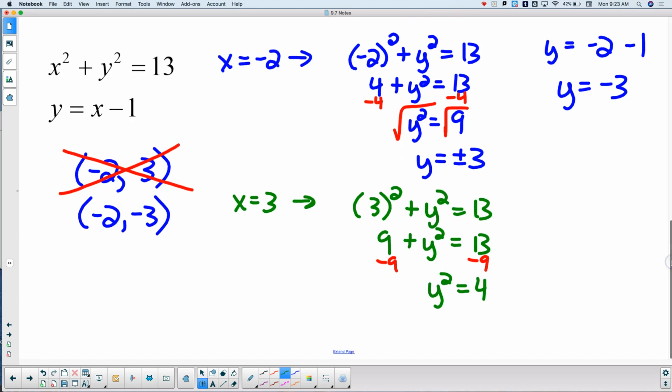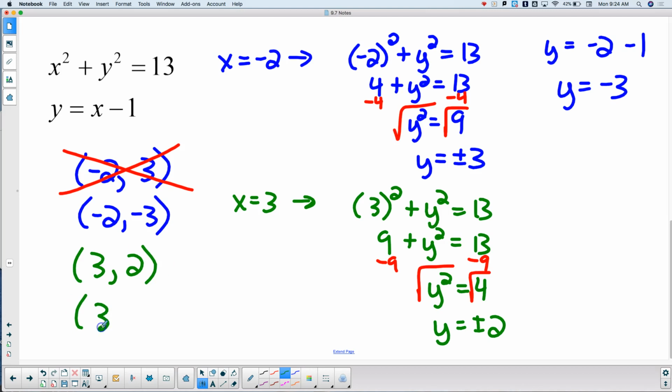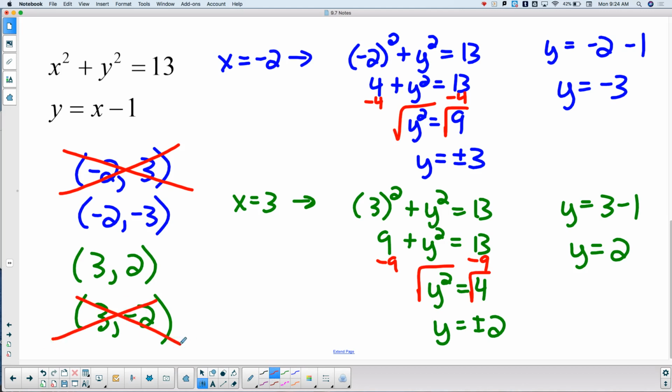Square rooting both, y equals plus or minus 2. So those would be 3, 2 and 3, -2. Right? Plugging it back into the other one, y equals 3 minus 1 gives me y equals 2. So then this one gets eliminated.